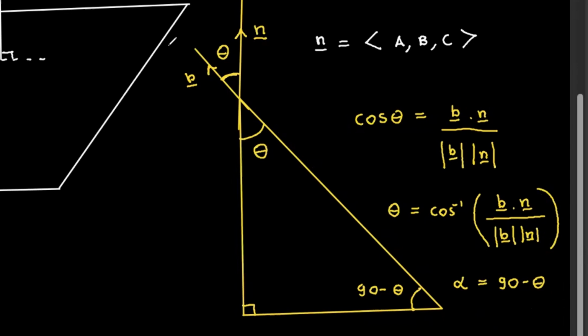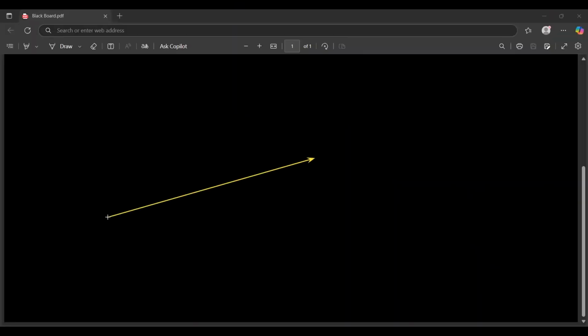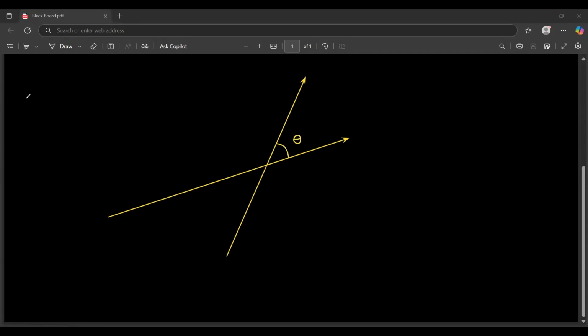Sometimes theta can be an acute angle, sometimes theta can be an obtuse angle, because that's what the scalar product is all about. If two vectors are going like this, we can say the angle between these two vectors is less than 90 degrees. If it is greater than 90 degrees, we say it is an obtuse angle, so theta is greater than 90 degrees but obviously less than 180 degrees.